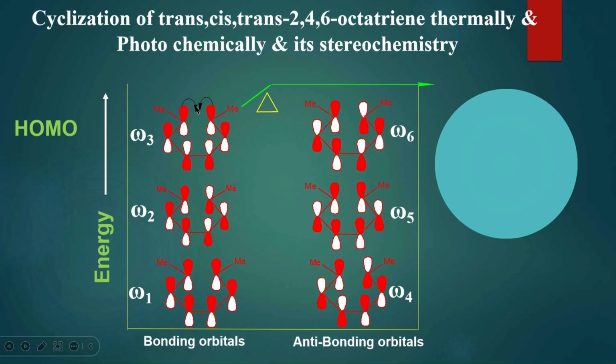When the disrotation occurs, the 2p orbitals rotate 90 degrees in opposite ways. One rotates in the clockwise direction, and the other p orbital rotates opposite to the first 2p orbital. This one rotates 90 degrees clockwise. This one rotates 90 degrees anti-clockwise.